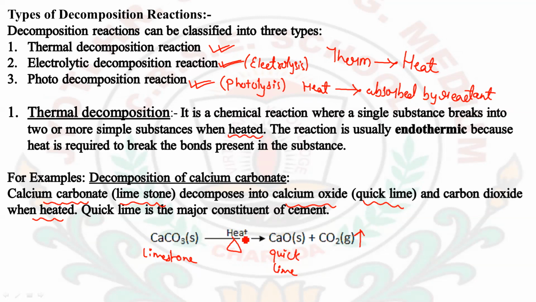Here you can see the action of heat. So this is a type of thermal decomposition reaction, and all the previous reactions we have seen in decomposition were also heated.